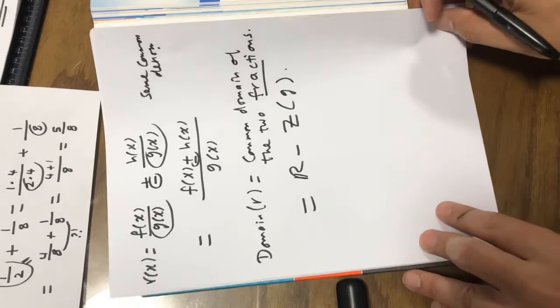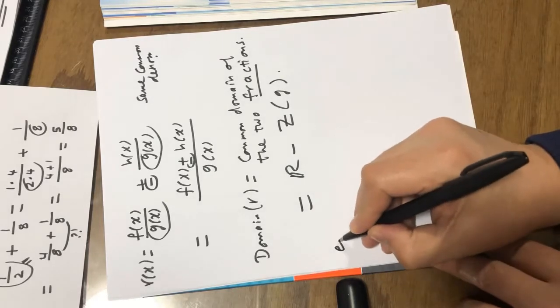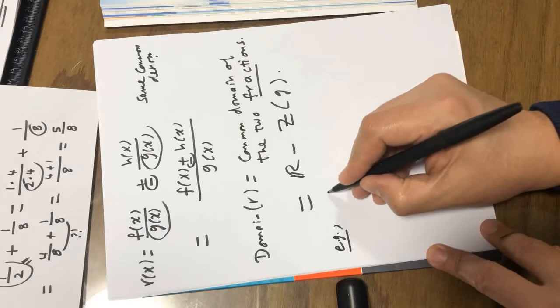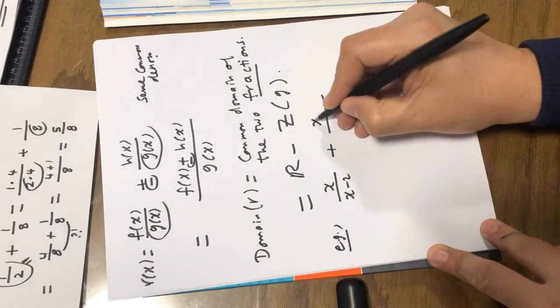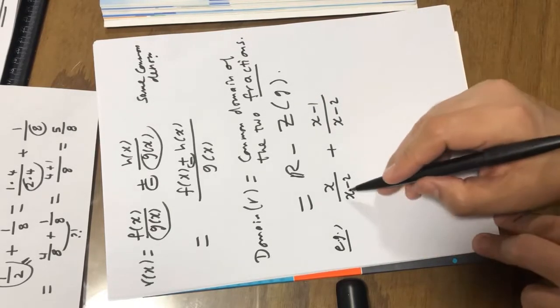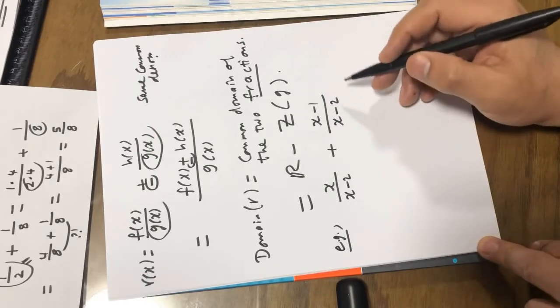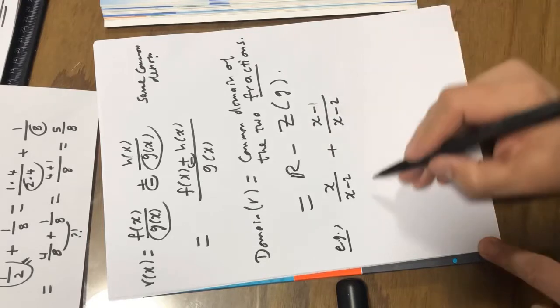Let's have an example. x over x minus 2 plus x minus 1 over x minus 2. So it's clear that this fraction is in the simplest form and this fraction is in the simplest form, because no common factor, no factorization can be done.